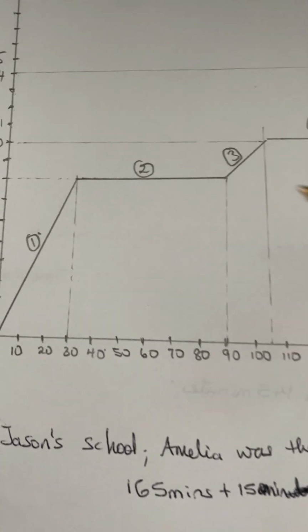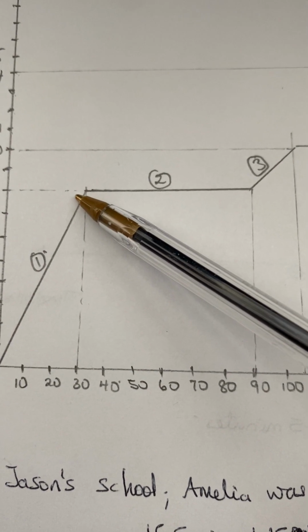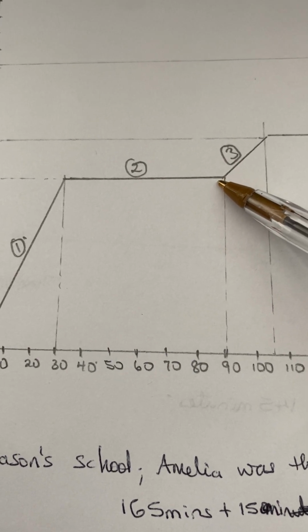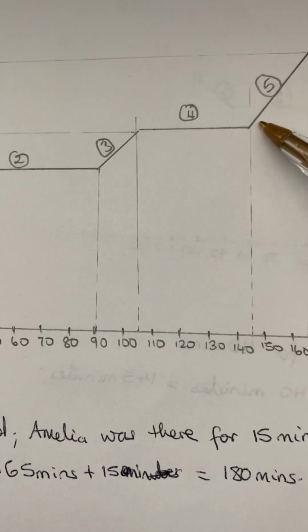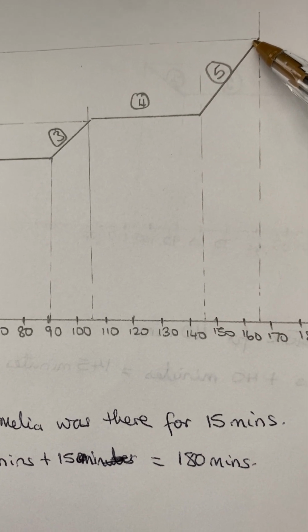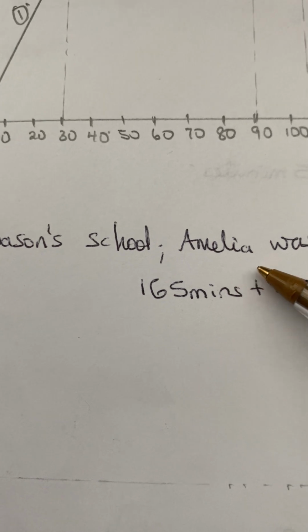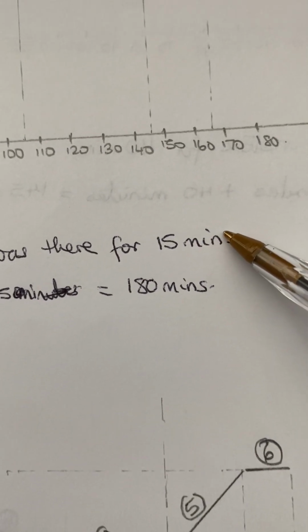So far with Amelia, from home, in the meeting, travel to the grocery store, in the grocery shop, travel to Jason's school. Now, at Jason's school, Amelia was there for 15 minutes.